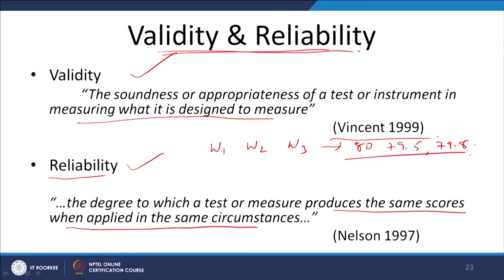Then we can say it is more or less a reliable machine. But suppose you go to another machine and it gives you 80, then 78, and then 83, then it is not a reliable machine. So, our measure, our construct, our scale, our factors have to pass this test of validity and reliability.